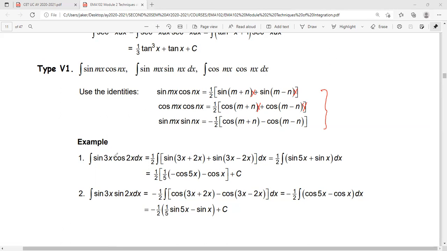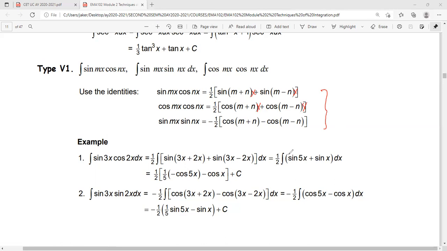Take a look at this one, sine and cosine. Okay, different angles. So what you do, in the first formula, you add the angles. So 3x plus 2x. In here, you subtract 3x minus 2x. So your integral will be, for the first one, 1/2 integral of sine 5x. In here, you have sine x. You can readily integrate this and this.